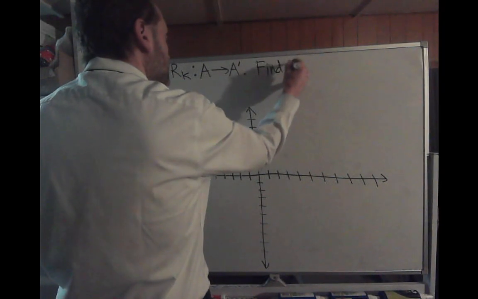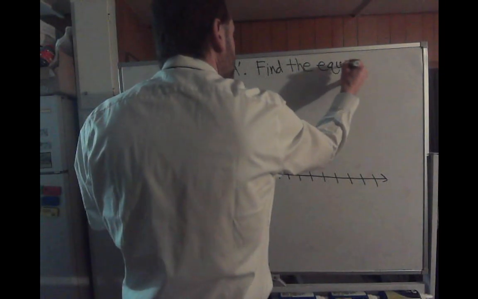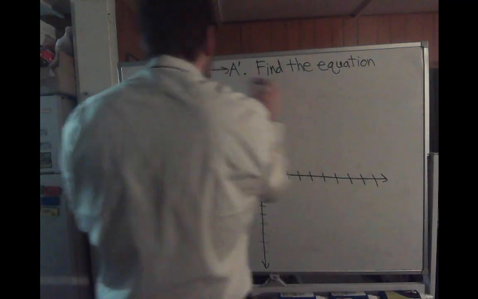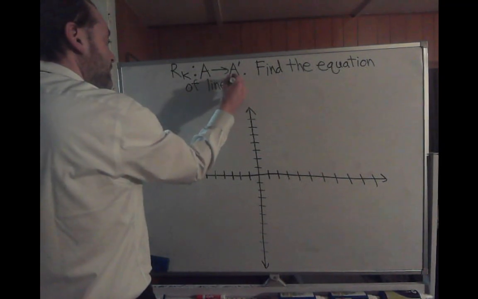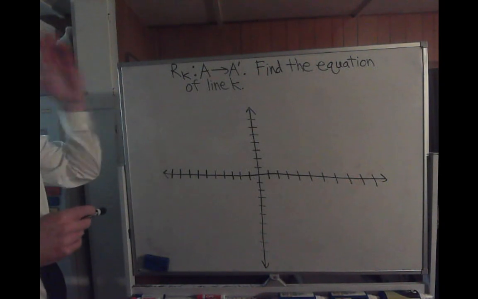Find the equation of line K, which would be your line of symmetry. That would be your line K, your line of symmetry.